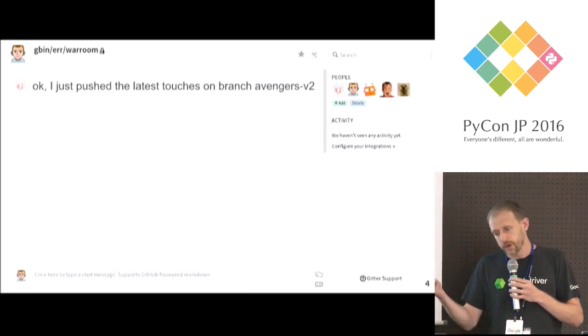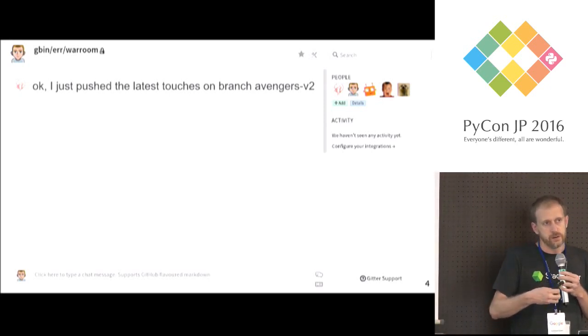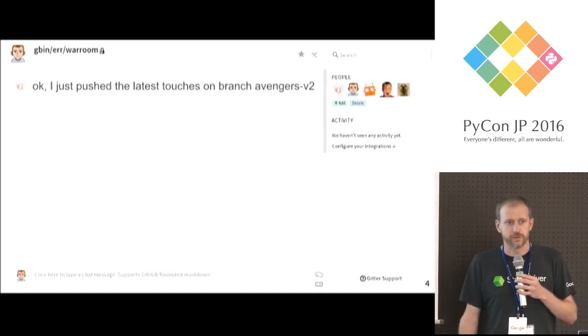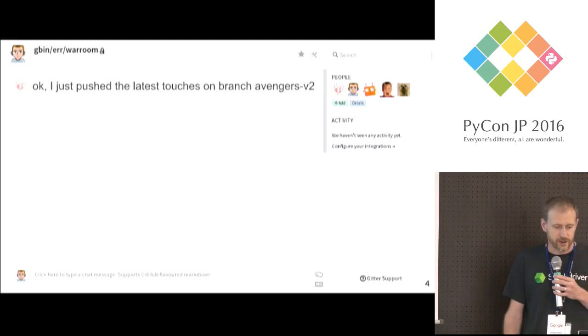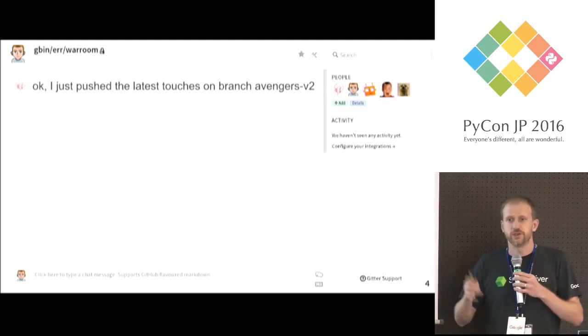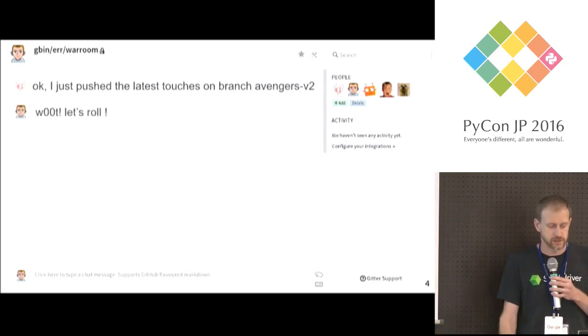Let's say you are in the team and you are in the deployment phase. You're going to release a new version of a product. So let's say a developer said, okay, I just finished some last minute bugs on this release.